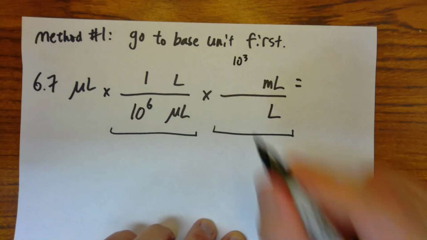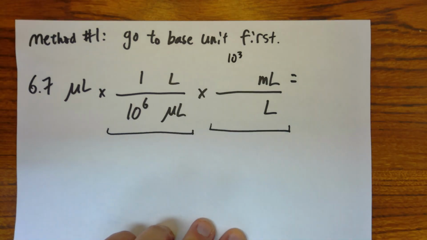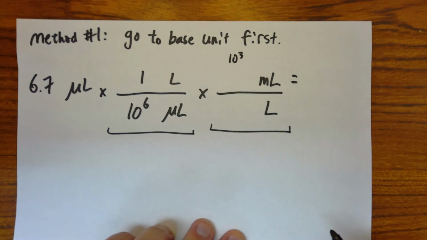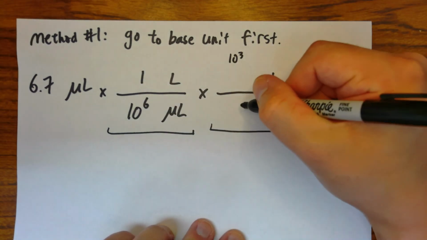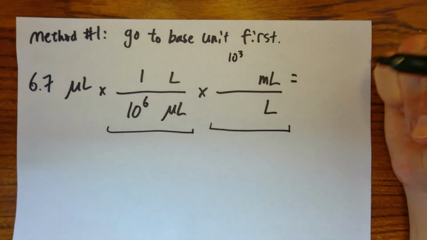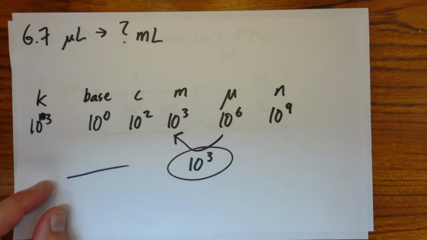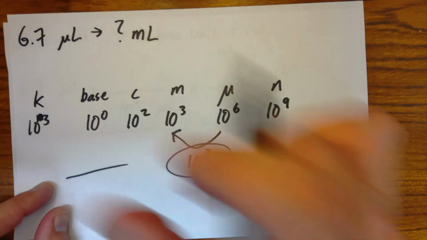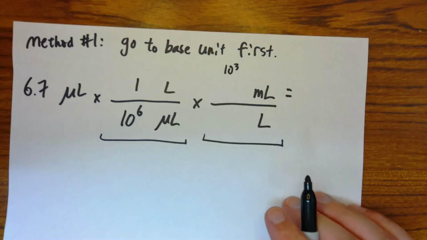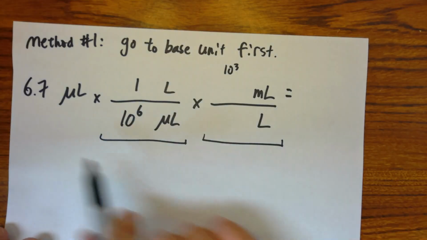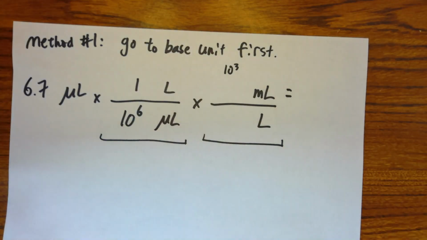Who gets the 10 to the 3rd? Of course, the other unit will get the 1. In this system, it's usually going to be the base unit getting the 1, unless you're dealing with a kilo, bigger stuff. But yeah, we went to base, and now we can just solve.